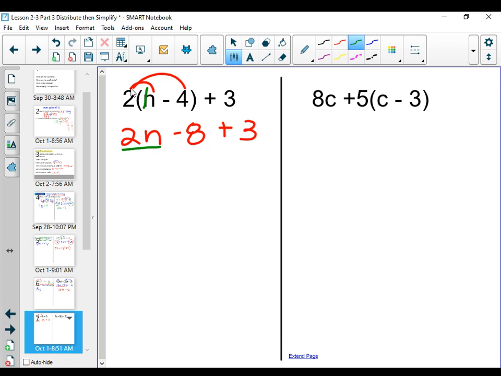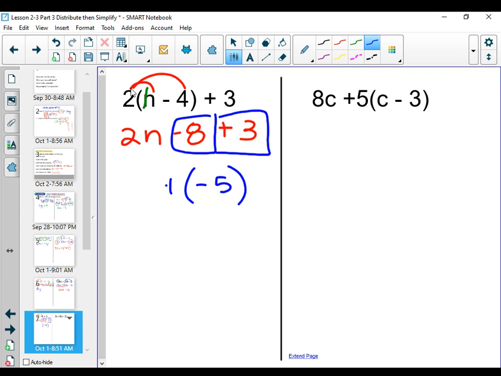What goes with 2n? Nothing. What's left? A battle between 8 negatives and 3 positives. Unfortunately, 5 bad guys win.